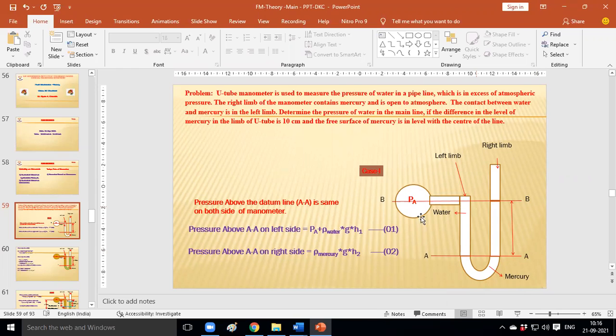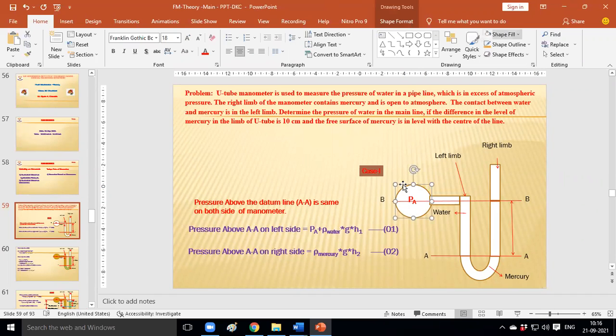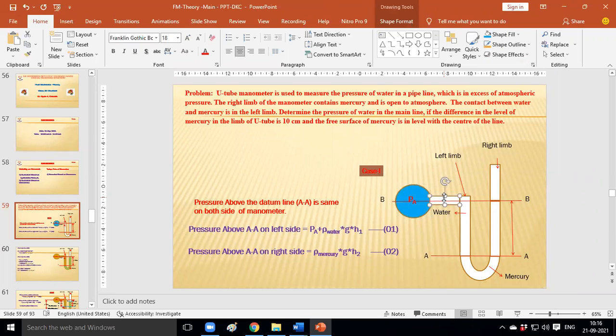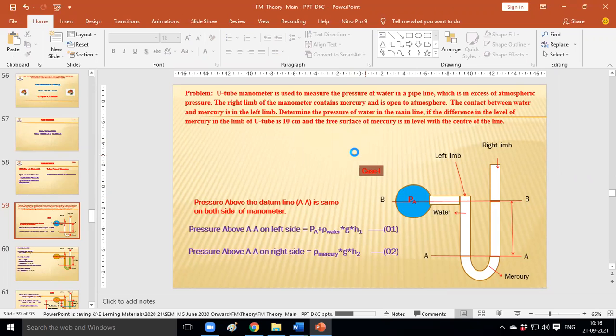Okay. Which fluid is flowing through the pipeline? Water. So I will show this color for water, and then need to show the mercury level. Read the statement clearly, whatever the statement mentioned in the numerical. Right limb and left limb are already shown in the figure.